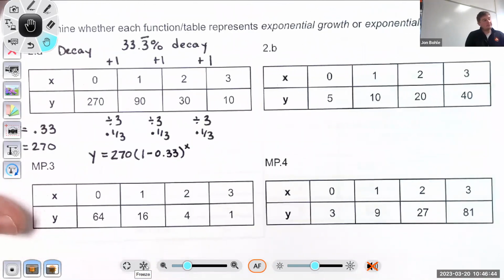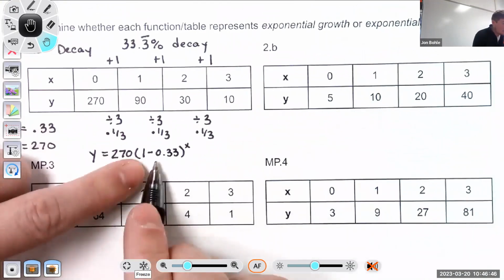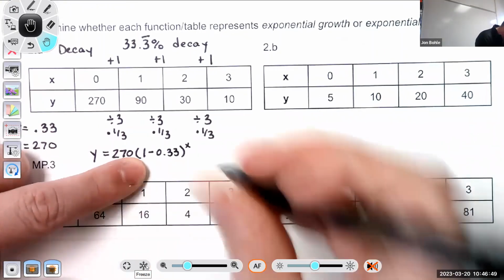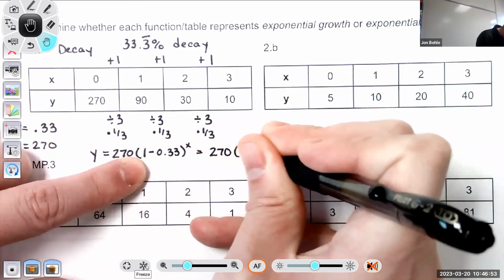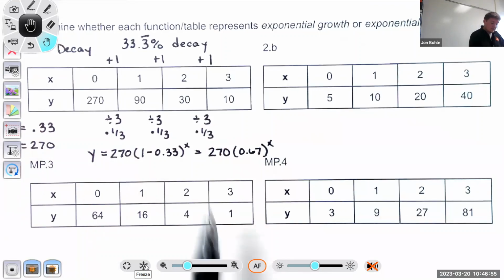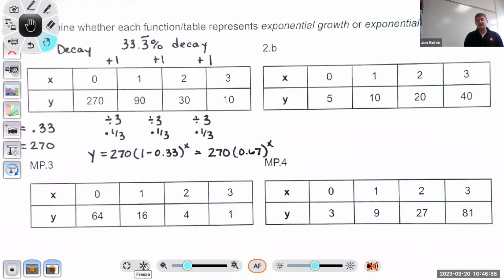And as you said a moment ago, it's 0.67, right? Well, 1 minus 0.33 is 0.67. So this can be simplified into 270 times 0.67, the X power. This equation represents this data set.